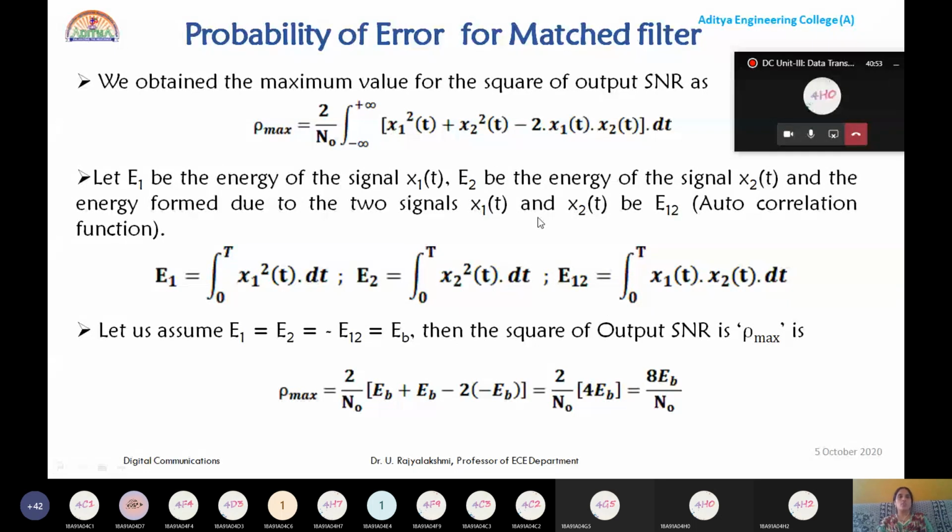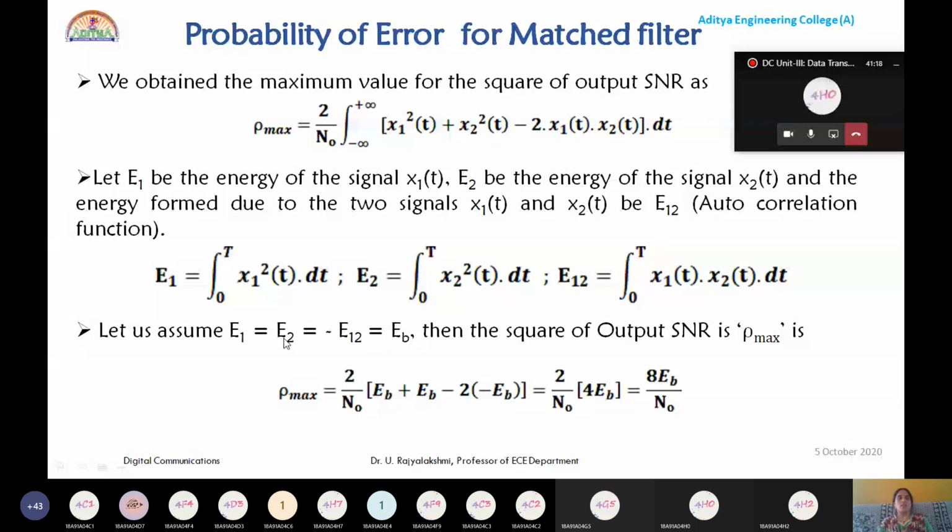So let us assume E1 is equal to E2 is equal to minus E12, because x1 of t square, if you do, this is positive magnitude, so there is no problem. And coming to x2 square of t, x2 is generally minus A. If you square that one, the value is the same as that of E1. So that's why E1 value is equal to E2 in general.